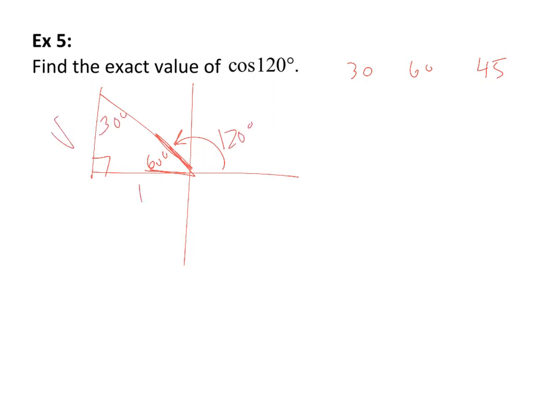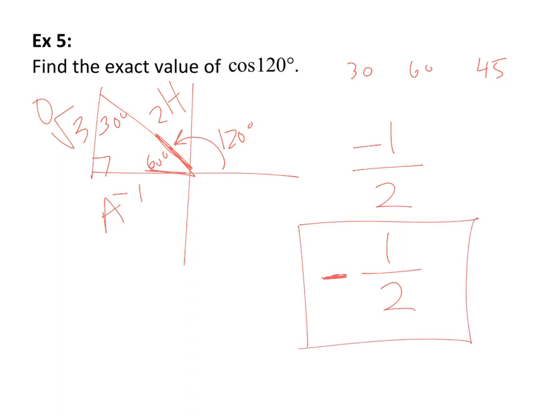So I have 1, square root of 3, or negative 1, and then 2. So now I have my adjacent, opposite, hypotenuse. I'm working with cosine, so I have adjacent over hypotenuse, and that's it. For your final answer, typically the negative is right next to the division symbol. So that's all there is to it.